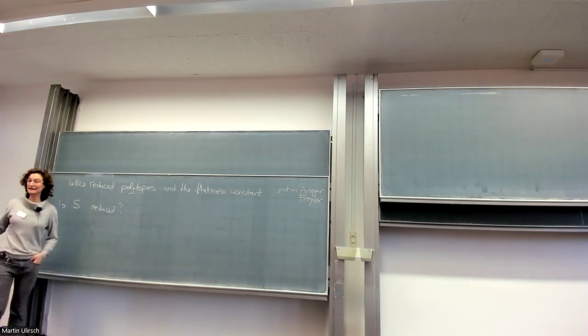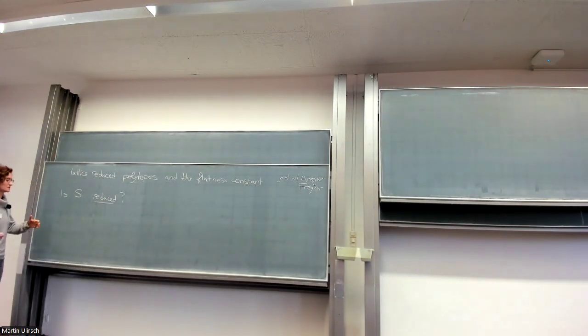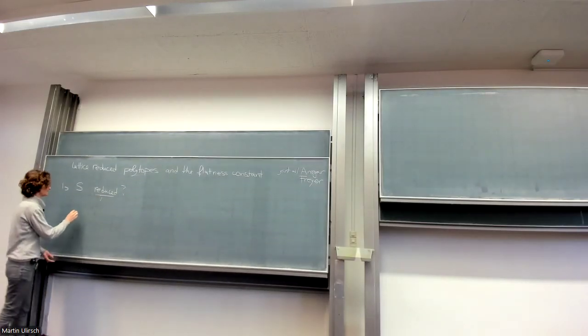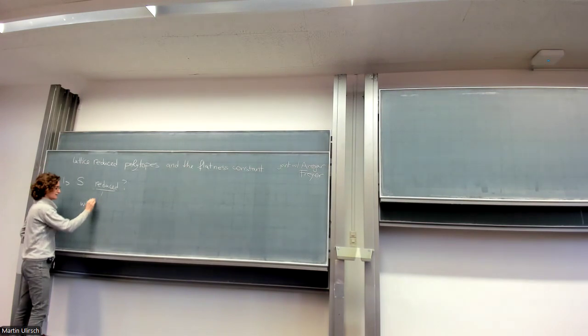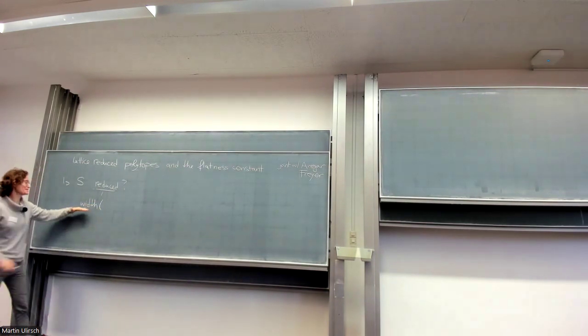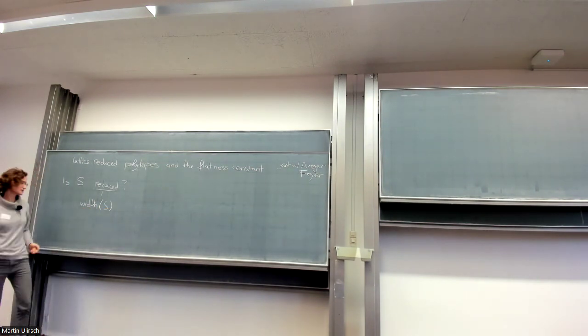Okay, what does reduced mean? Reduced means something about this object being a little bit squished in some direction. So the width is how squished an object is in some direction.